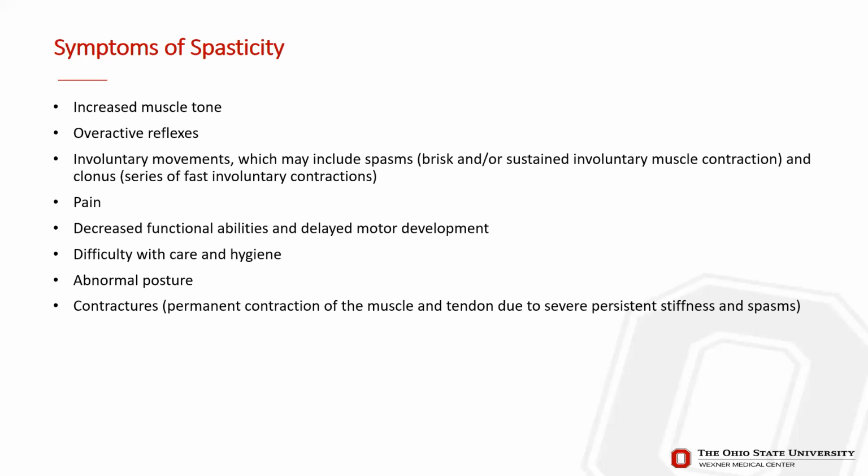We get concerned about that because the only way to deal with contractures, if they get to the point where it becomes permanent, is to do surgeries or some really drastic measures to try to open those contractures up. And then bone and joint deformities. We definitely see this in our ankles. People have probably heard of Charcot foot for people with diabetes, which is abnormal joint deformity around the ankle and foot, but that can happen because of spasticity as well.